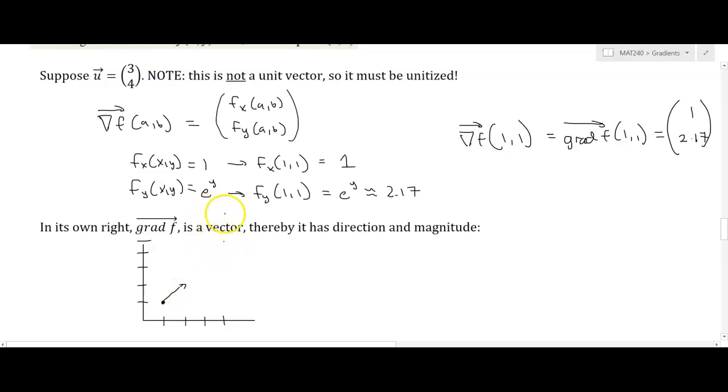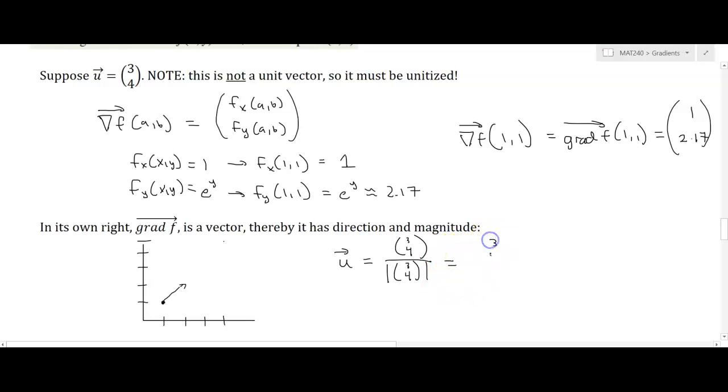Now the reason I'm not going to connect it is because I'm going to take the vector (3, 4) and divide it by the magnitude of the vector (3, 4). That way I make it a unit vector. Again, price of gas, you always want it to be per 1 gallon, you don't want it to be per 1.7 gallons.